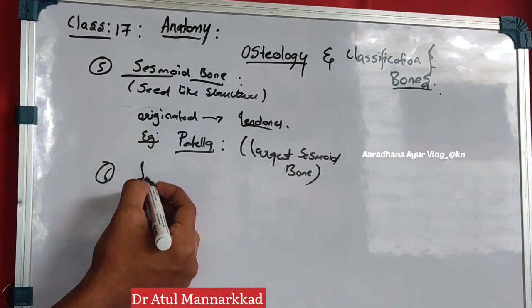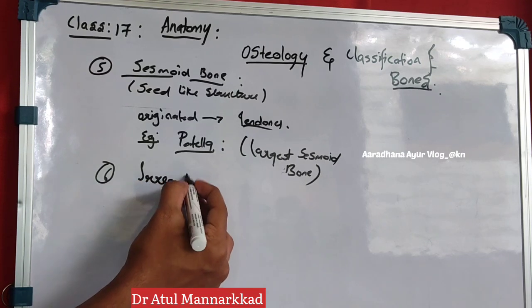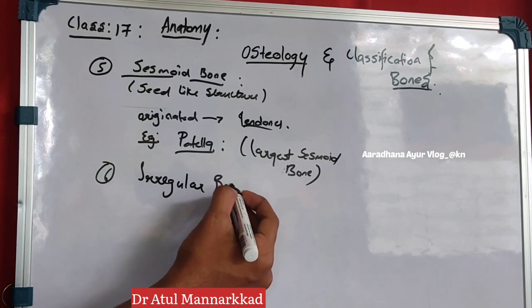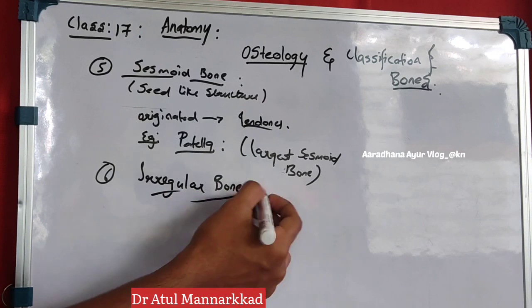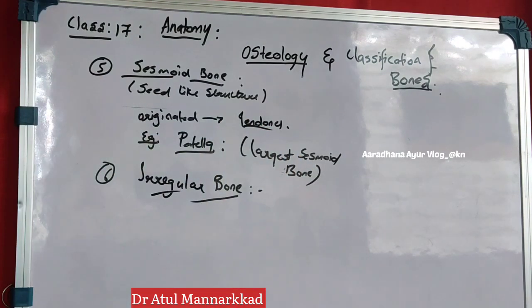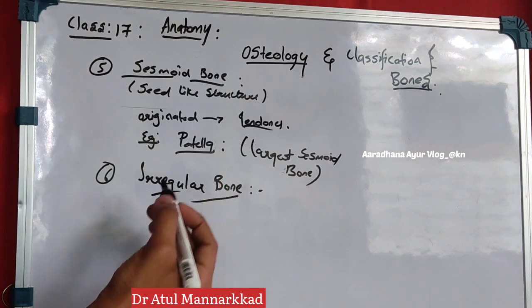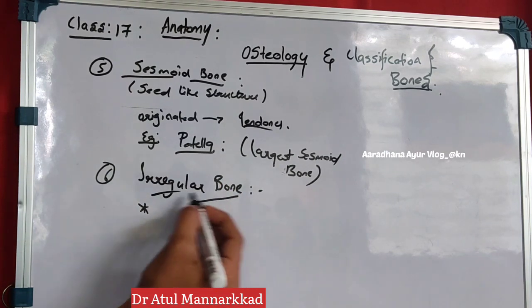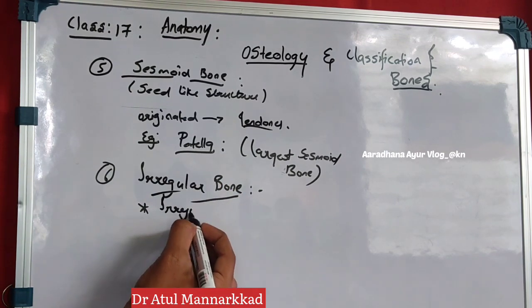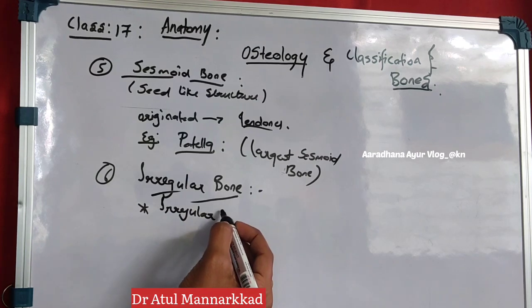The sixth type we will be discussing is the irregular bone. You can get it from the name only: irregular bone, which is not regular and doesn't have any characteristic features, having an irregular structure. The name itself suggests an irregular structure.